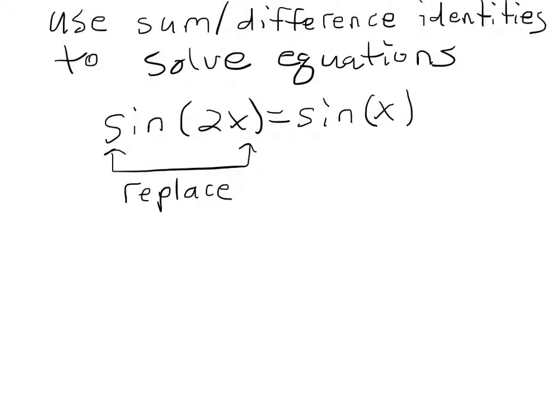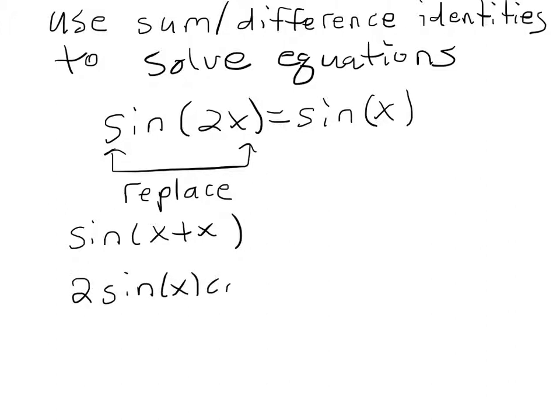Or I could rewrite the sine of 2x as the sine of x plus x, and then use the sine sum identity to replace the sine of x plus x. Both will get me exactly the same answer. Since I just made a video using the sine sum formula, I'll use the double angle, so I know that the sine of 2x is 2 sine of x cosine of x.